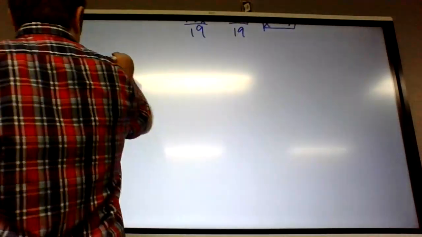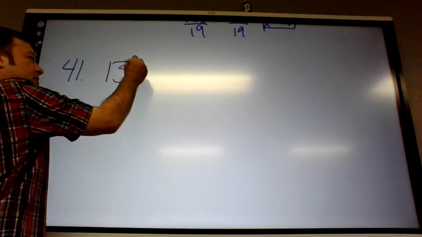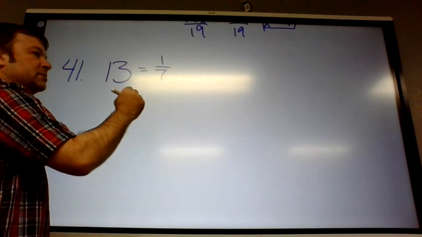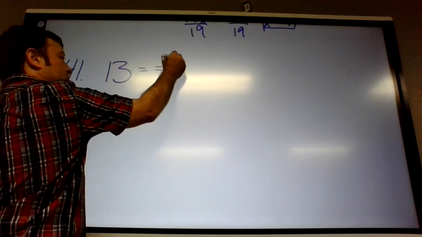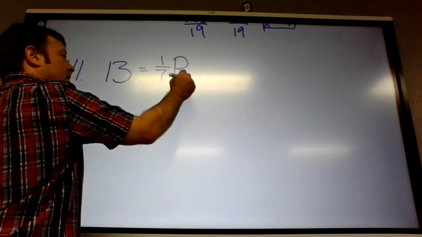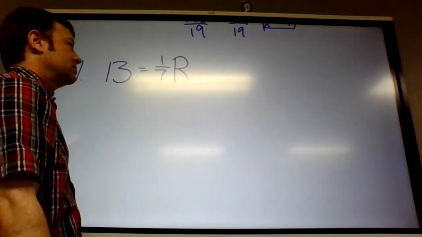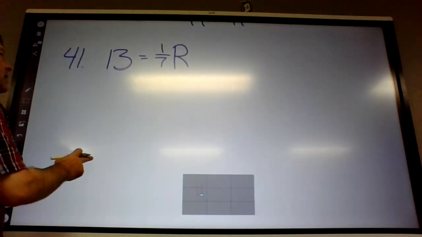So 13 papers is 1/7 of times his route. Okay. So R stands for how many papers he would deliver on his route. Okay, that's how you'd set it up.